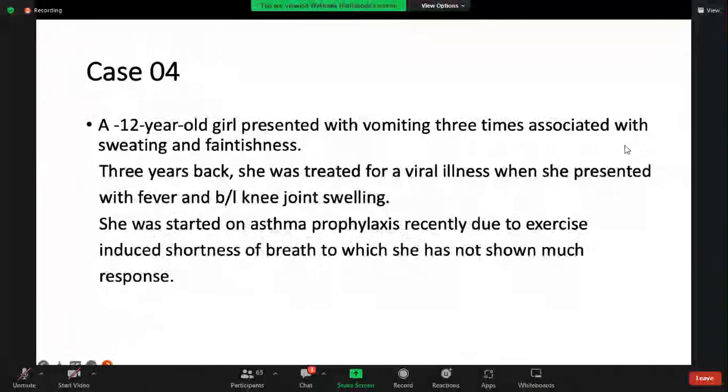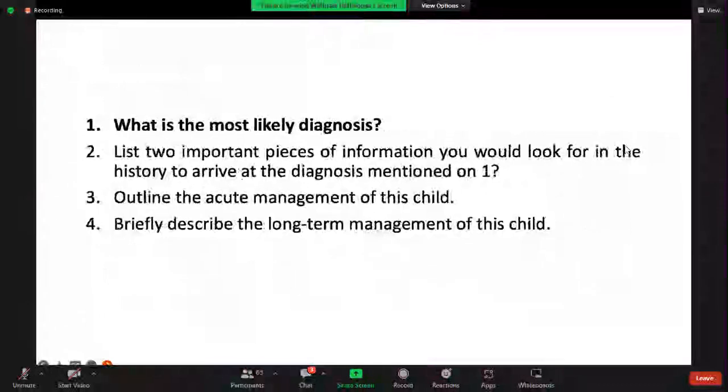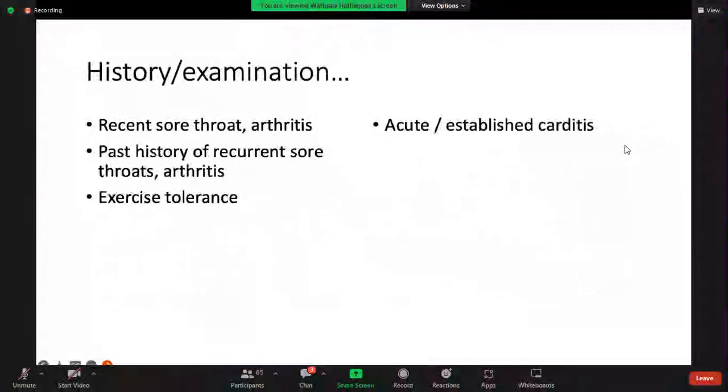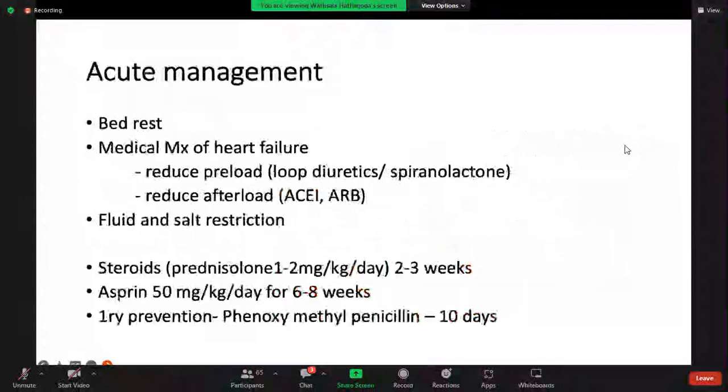So to reduce the volume, what you need to do? Restrict the fluids and start monitoring. Okay, very good. So you have learned this physiology, right? Cardiac physiology. So use the terminology. You have to reduce the preload as well as the afterload.